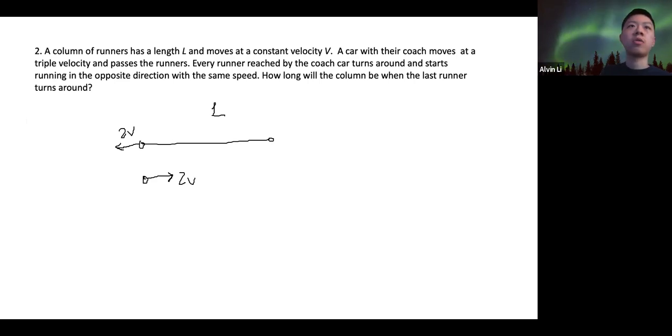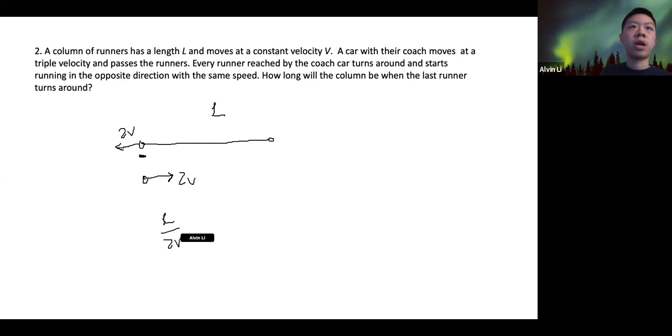So then now you just want to find the distance that the first person runs before the coach gets to the last person, right? The total time that it takes for the car to cross the column is L over 2v, right?